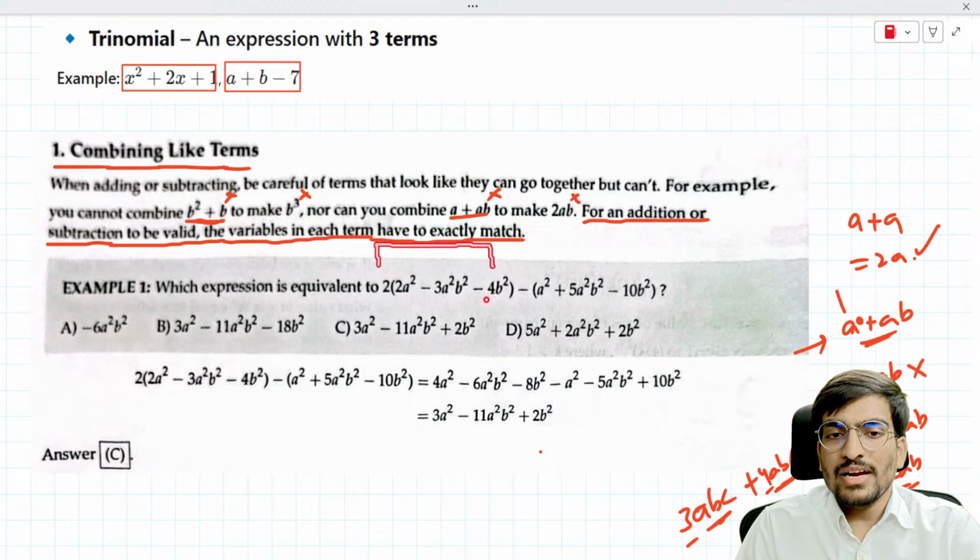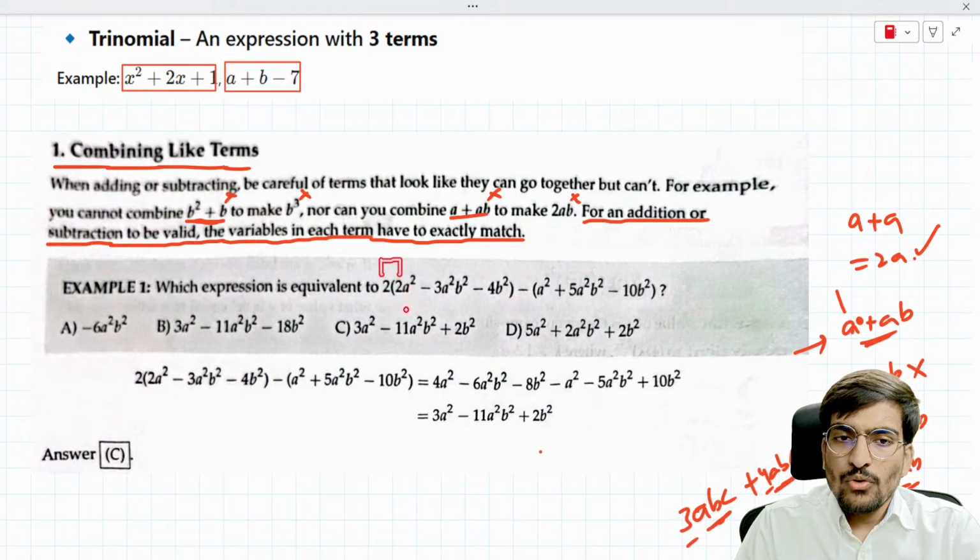So we multiplied it with 3 terms. And then what do we get? 2 into 2, 4, so 4a square. 2 into negative 3, negative 6a square b square. 2 into negative 4b square, that is 4 2's 8, negative 8b square. And directly we are writing this, negative into a square, which is negative a square. Negative into 5a square b square, negative 5a square b square. Negative into negative, positive 10b square.